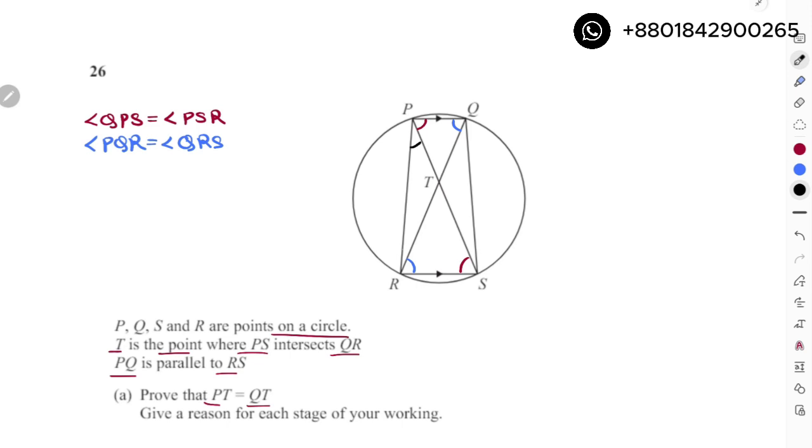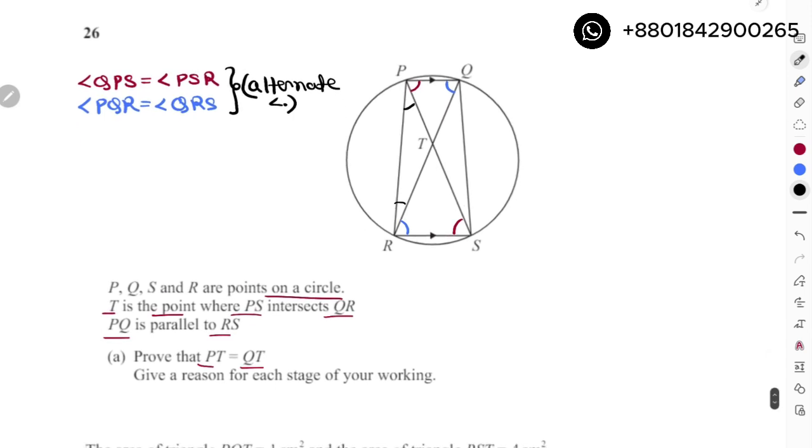In order to prove they are also equal to each other, I have to say that this angle is equal to this angle. Obviously, the reason for these two is alternate angle. I'll just write this as alternate angle, okay? And then next, angle RPS and angle PRQ are equal because of the same segment.